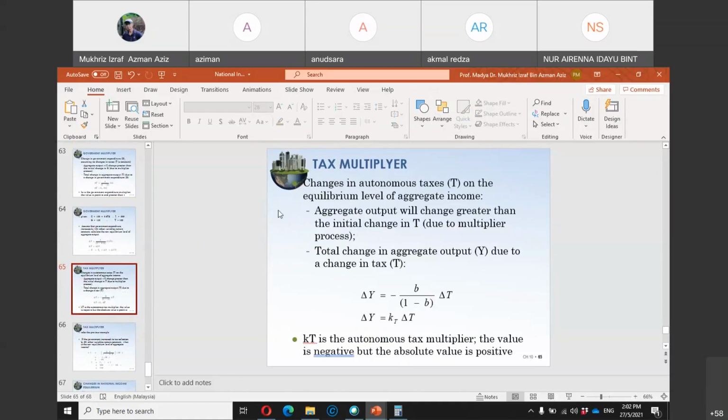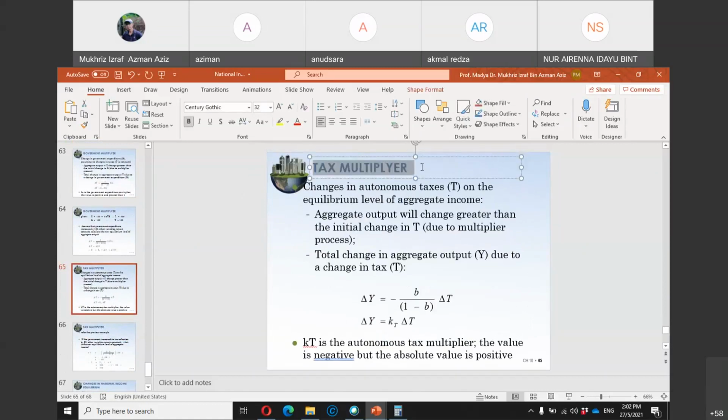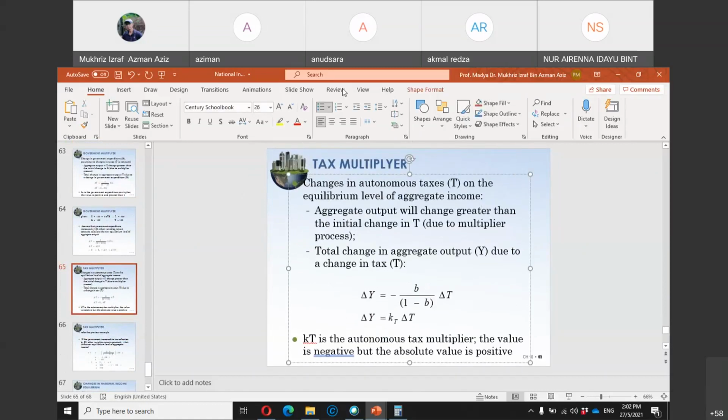Thirdly is the tax multiplier. We have government and investment, both calculated the same way, but thirdly is the tax multiplier, and the multiplier value is different.